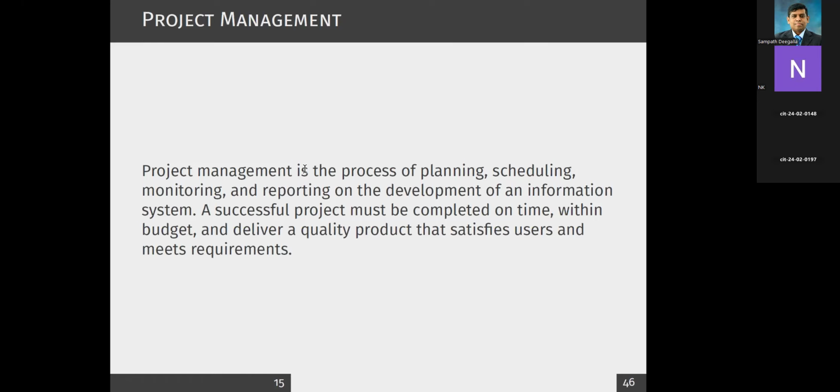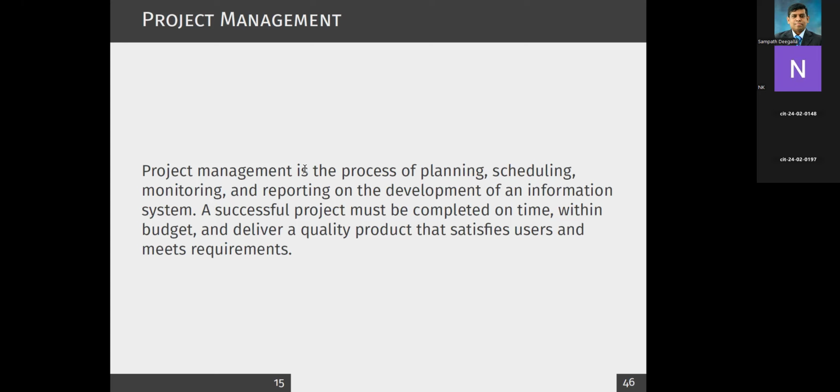Now, going from project management, this could be any project, but our focus is developing a software project, right? So we have planning stage, scheduling stage, monitoring, reporting. So it's the whole process of planning, scheduling, monitoring, and reporting.